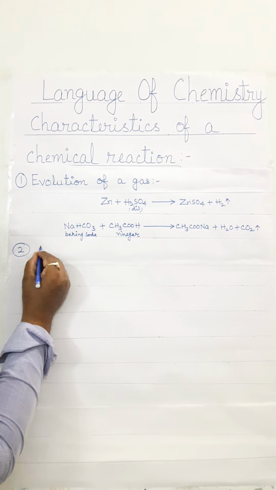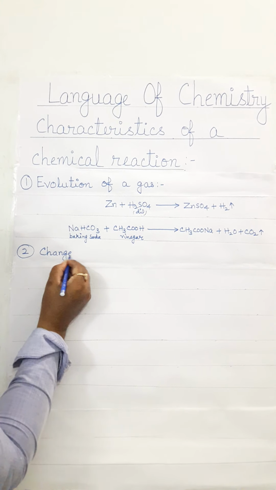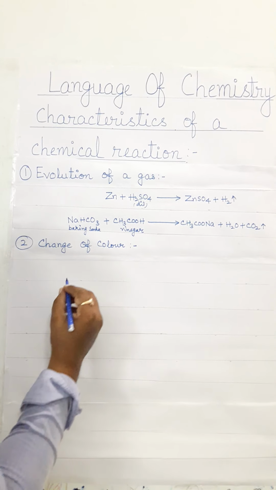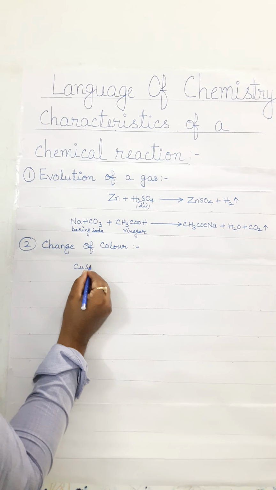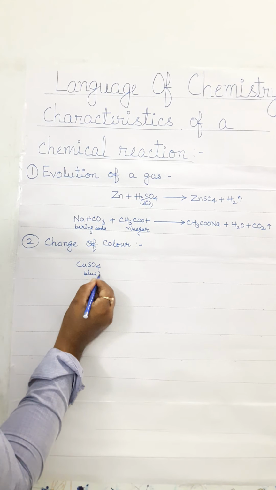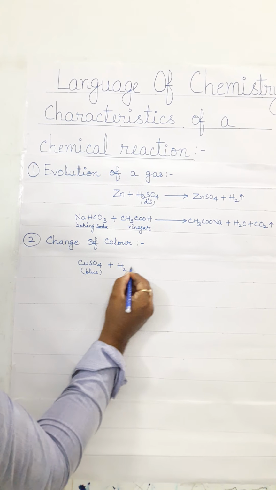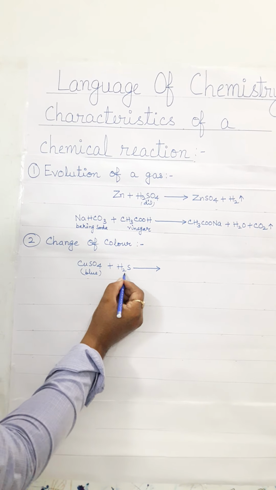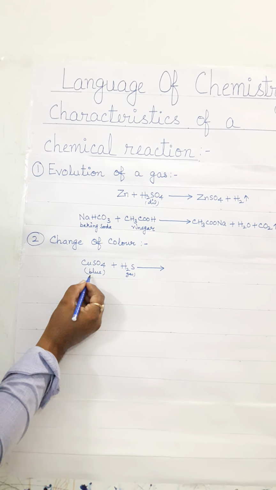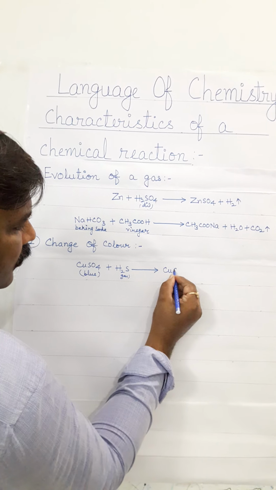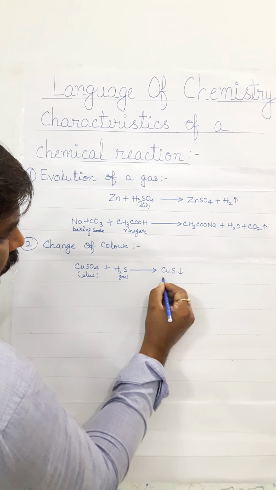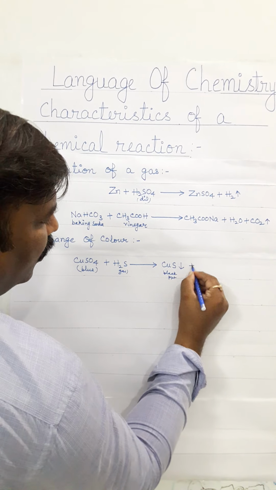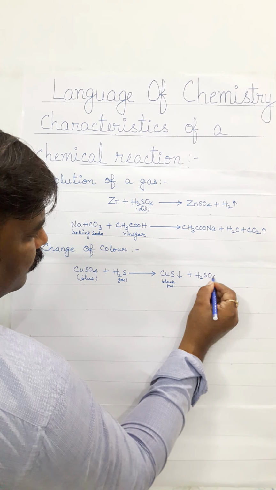So the second characteristic is change of color. Now when copper sulfate solution, which is blue in color, is made to react with hydrogen sulfide gas, or in other words when hydrogen sulfide gas is bubbled through blue copper sulfate solution, black PPT of copper sulfide is formed along with H2SO4.